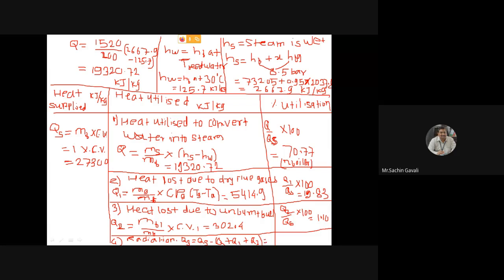And what is value? Anybody? इथे काय आता कॅल्क्युलेशन करायची गरज नाही. Q3 म्हणजे 27,300 वजा इन ब्रॅकेटमध्ये 19,320.72 अधिक 5,414.9 अधिक 302.4.